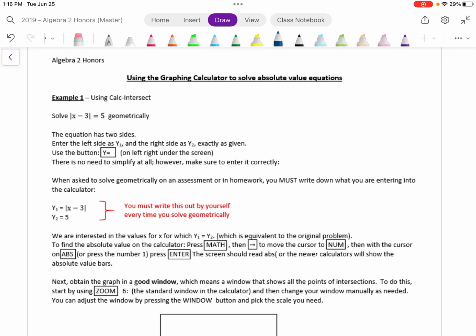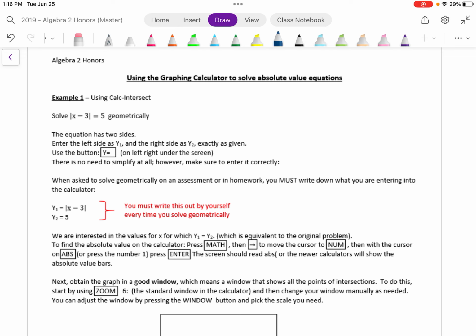First of all, I want you to be aware, for example in example 1, we're going to solve it geometrically or graphically, whichever way you want to call it. But if you look at the equation initially, there's only one variable. And when we're using the graphing part of the graphing calculator, we're actually going to introduce an extra variable that's not there originally to temporarily help us solve this problem.